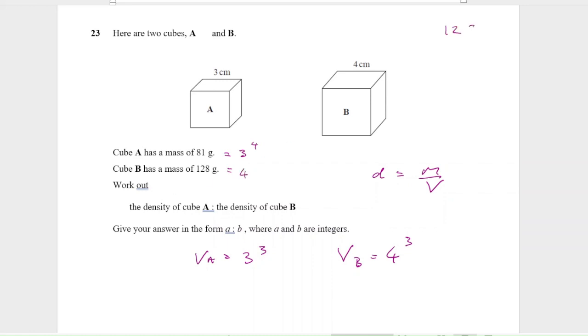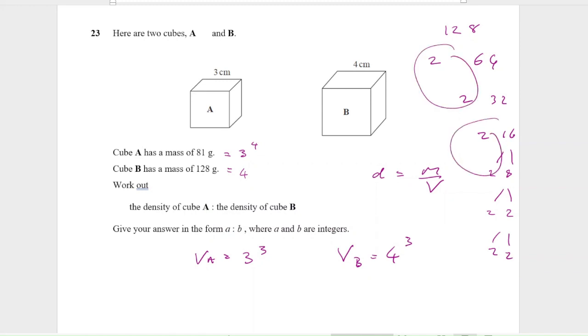so let's just, 128 is 2 to the 64, which is 2 to the 32, which is 2 to the 16, which is 2 to the 8, I feel like I've missed one, 2 to the 4, which is 2 to the 2, 2, 4, 8, 16, 32, 64, 128.